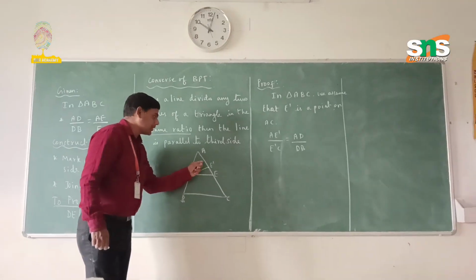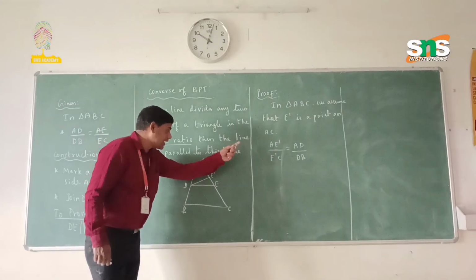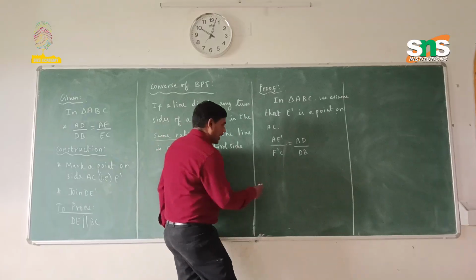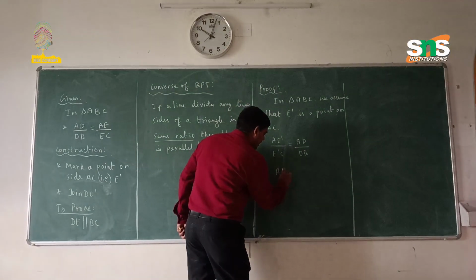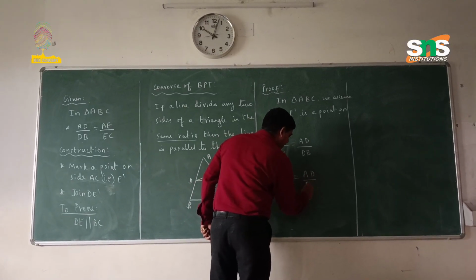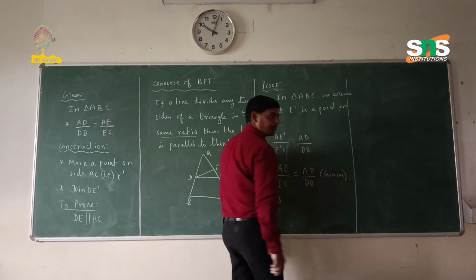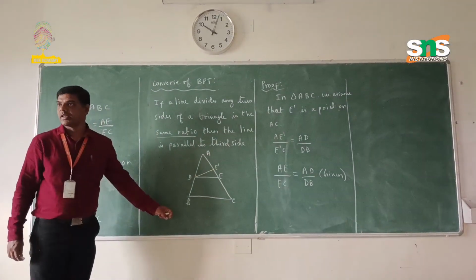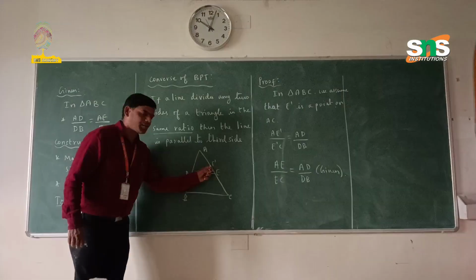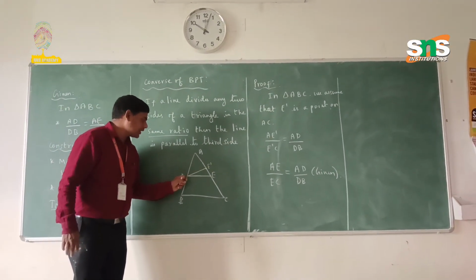By using the sides proportional theorem, AD by DB is equal to AE dash by E dash C. And we know that AE by EC equal to AD by DB, it is given already. Please see that in this triangle we are taking one more point, that is E dash. After taking the point we are joining DE dash.